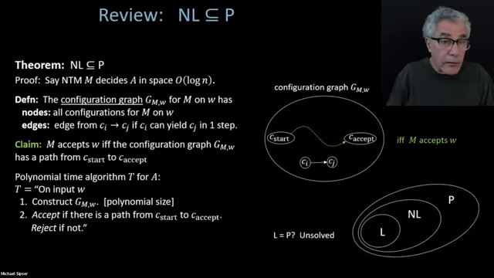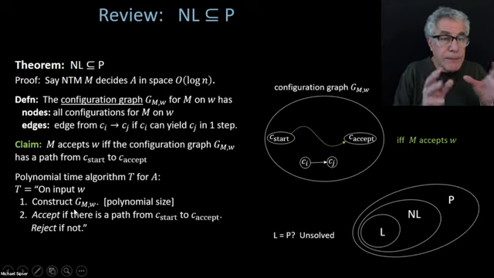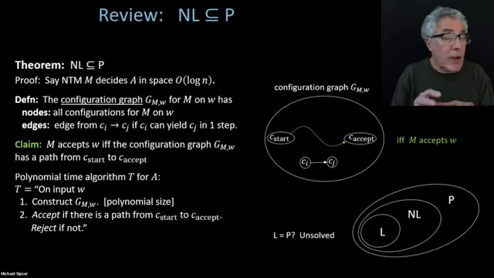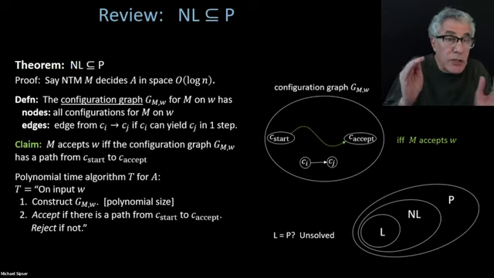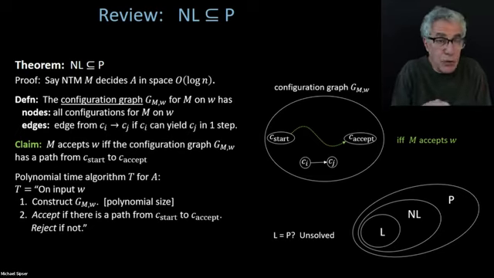I'm giving you a polynomial time algorithm for simulating a non-deterministic log space machine. Now later on, I don't want to confuse the issue right now. For this particular slide, all I need to do is construct that graph in polynomial time. It's a polynomial sized graph. I can't store that whole graph in a log space memory.